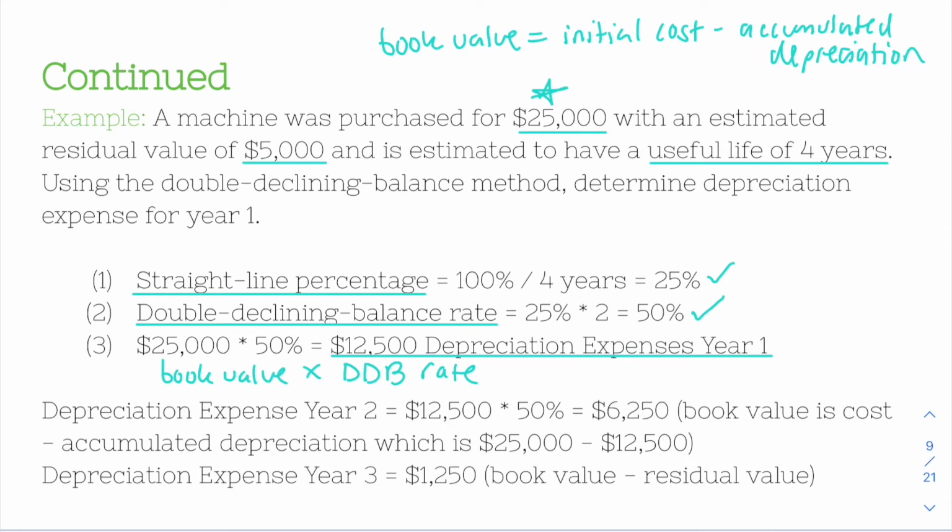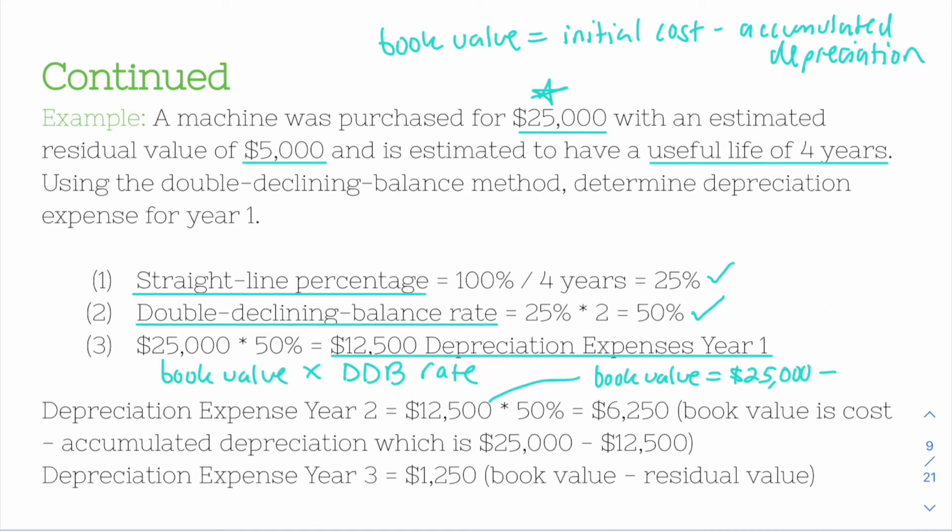Years 2 and 3 are where it gets kind of tricky. So the depreciation expense for year 2 is going to be, again, the book value times the double declining balance rate. But you have to figure out what the book value is in year 2. So the book value in year 2 is going to be the initial cost, which was $25,000, minus accumulated depreciation.